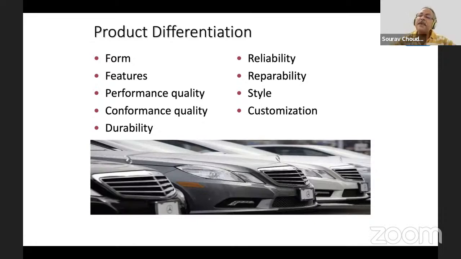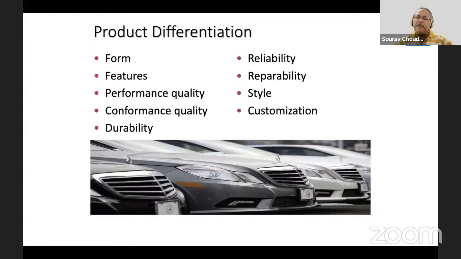And finally, customization of the product. Product can be differentiated on the basis of customization. Think about Raymond suits. Raymond makes suits. They have ready-made suits also in different styles. And they also have stores where they customize according to your requirement. So वो tailor make करता है. ठीक है. So that's one example of customization.